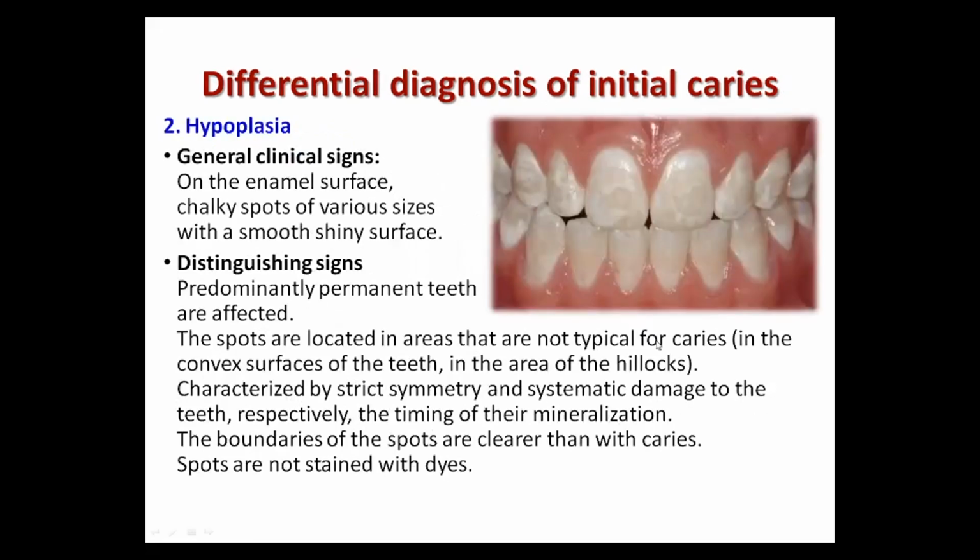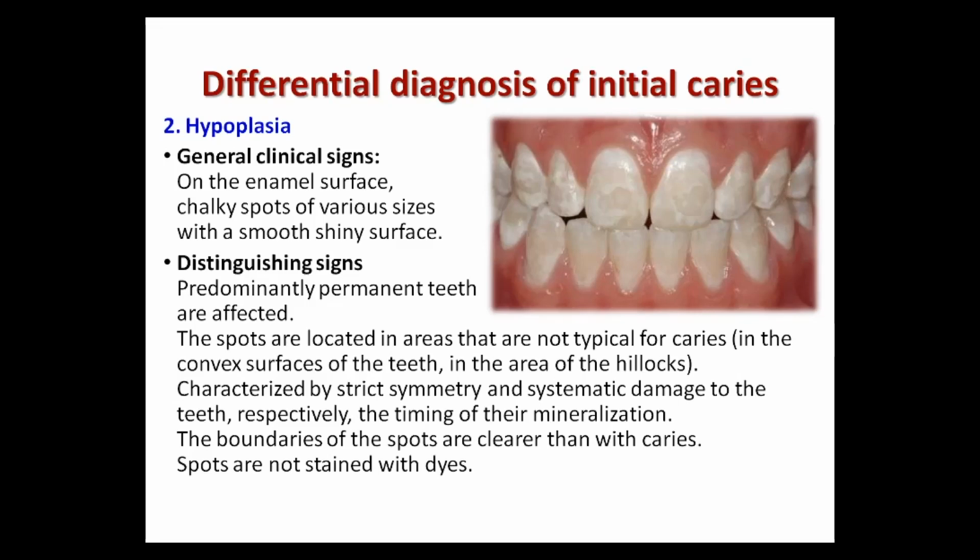The next disease for which we have to provide the differential diagnostic is hypoplasia. And between hypoplasia and initial caries also there are some general clinical signs. Both hypoplasia and initial caries are on the enamel surface. There are chalky spots of various size with a smooth, shiny surface.